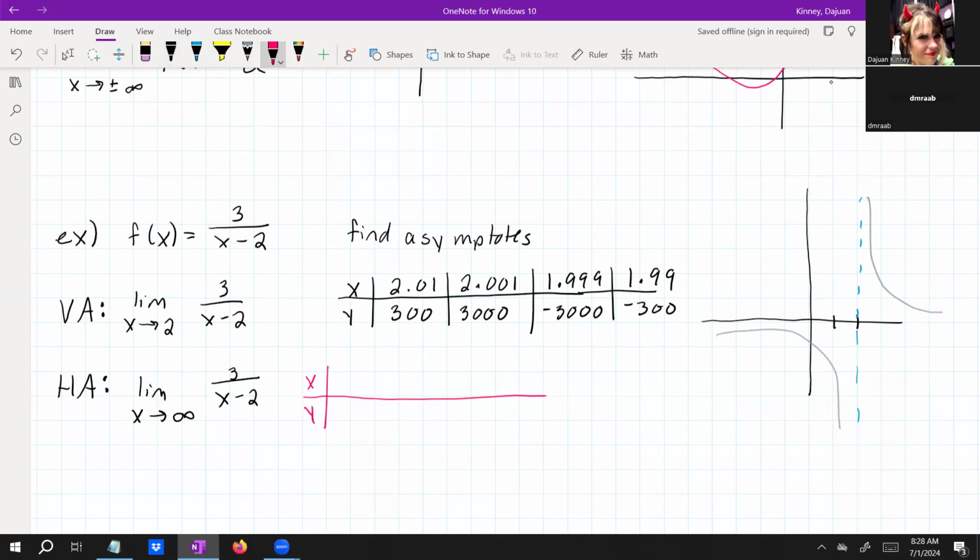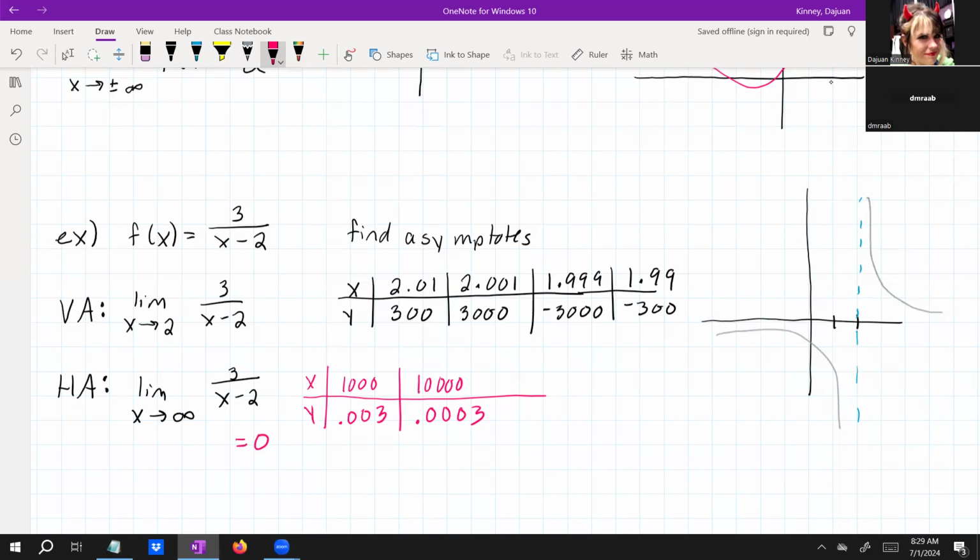If I plug in 1,000, 3 over 1,000 minus 2 is about 0.003. Now plug in 10,000, 0.0003, and we can keep going. We're getting really close to 0.